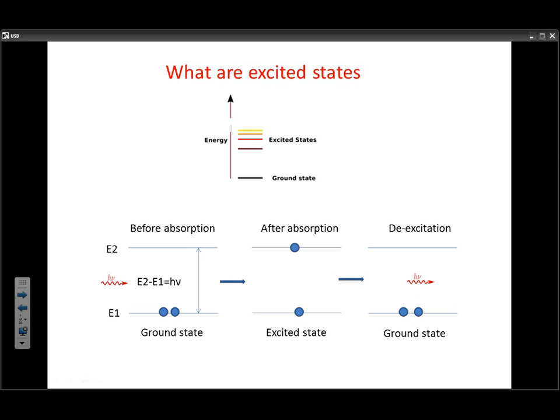If the system is perturbed by an electric field or optical field, such as a photon, the molecule will absorb the photon to produce an electronically excited state.